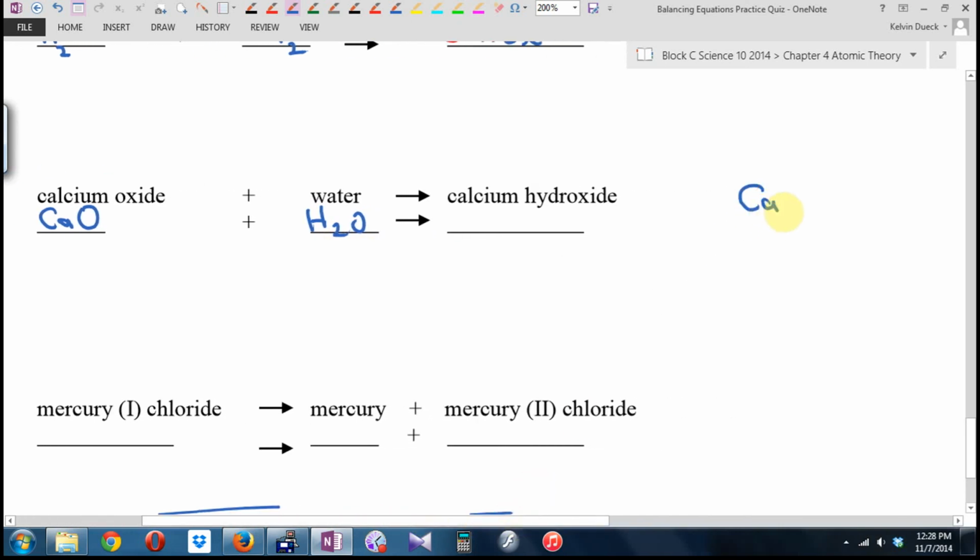So here's calcium hydroxide. That's from the back of my periodic table. That's a polyatomic. That one is OH negative, and this is 2 plus. When I crisscross, I'll end up with Ca, one of them, OH, 2 of them.